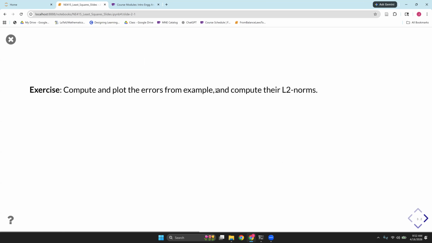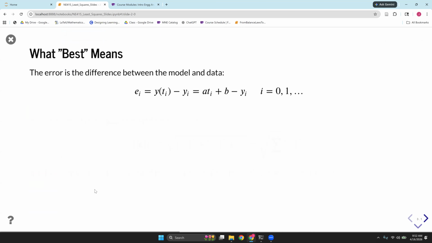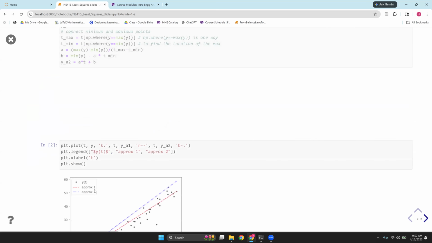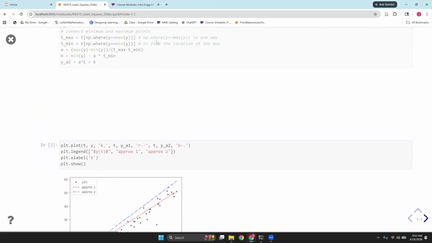Okay. So let's compute and plot the errors from the example and compute their L2 norms. So we've got E1 and E2. Let's remember what the names of our approximations were. We've got YA1 for approximation 1, YA2, and then Y was the reference value.